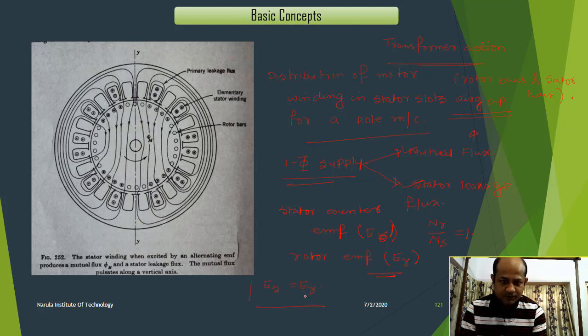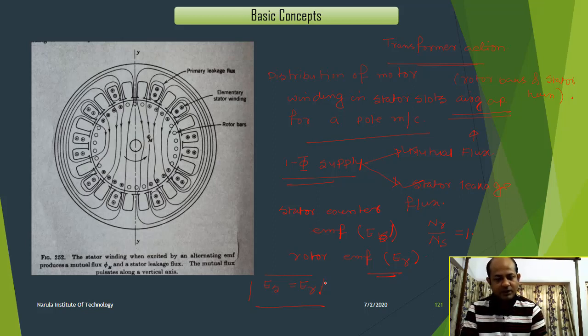We can say the magnitude of both the stator counter EMF and the rotor induced EMF are the same. So now we can establish the logic, so we can express the rotor quantities in terms of stator quantities.